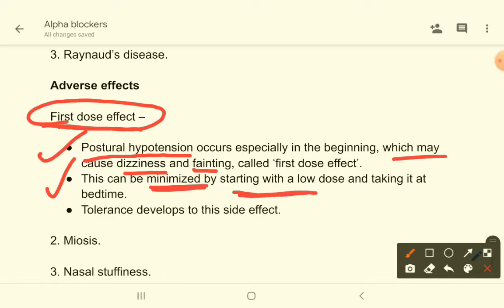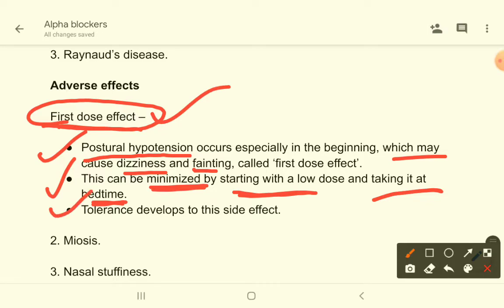You start this drug with a low dose and taking it at bedtime, okay, and you tell the patient to rise from the bed slowly, from lying position to sitting position he will get very slowly. Thereby they will be able to avoid this first dose effect.